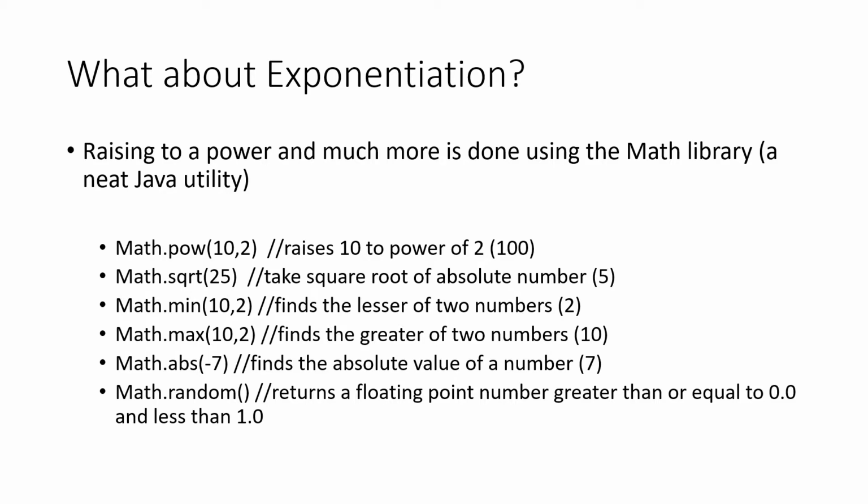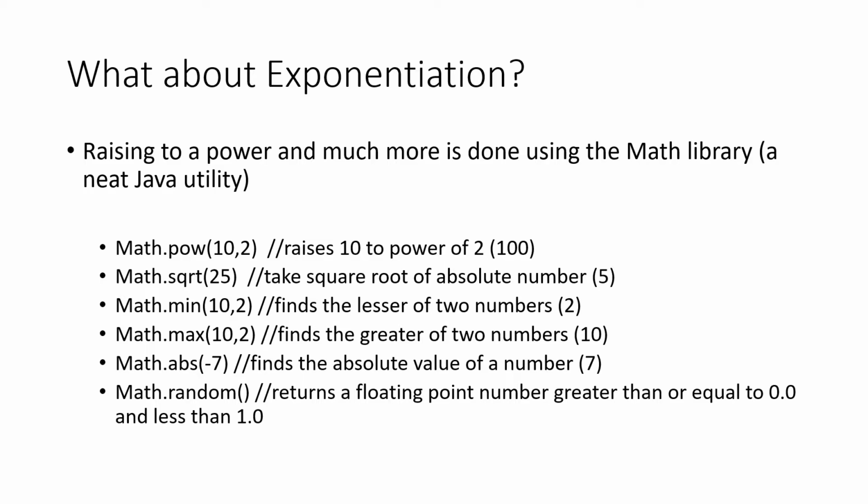But some of the common ones that we're going to use in this course are math.pow. The example here raises 10 to the power of 2, 10 squared, 100. Math.sqrt takes the square root of a positive number, not an absolute number. I'll adjust that. And that would be 5.